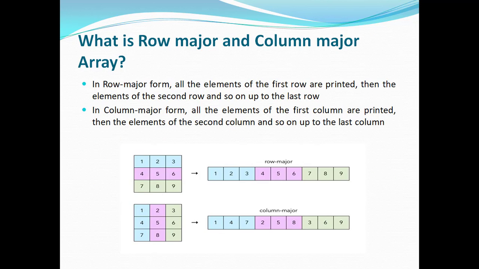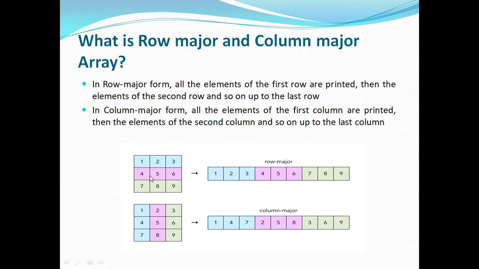Then we'll see what is row measure and column measure array. For example, suppose this is a multidimensional array having 3 rows and 3 columns. Whenever we are implementing in row measure, the first row, that is 1, 2, 3, will be stored.